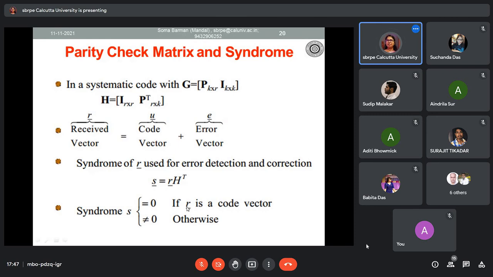You are detecting that the received code word is a correct code word, a valid code word. And if it is not 0, that means there is some error. Clear?